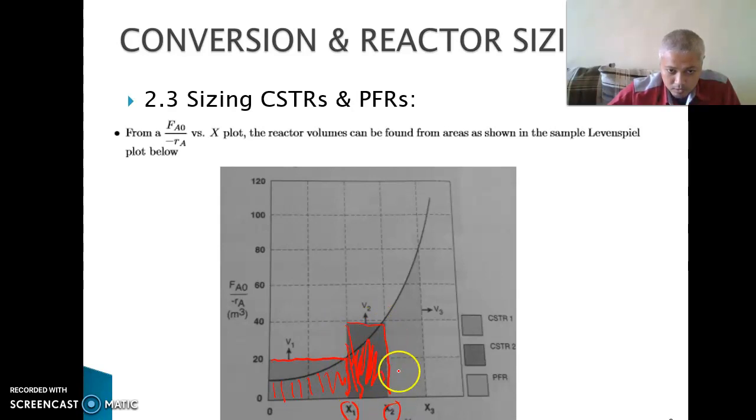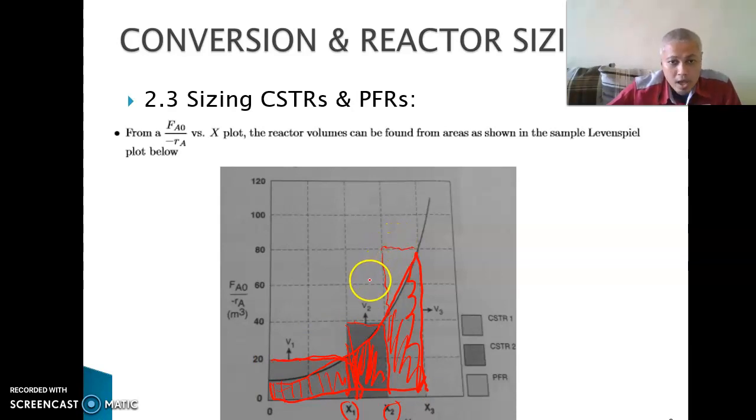Then for x2 to x3, this will be the volume for PFR, and this will be the volume for CSTR. You need to add this one with this one and this one.